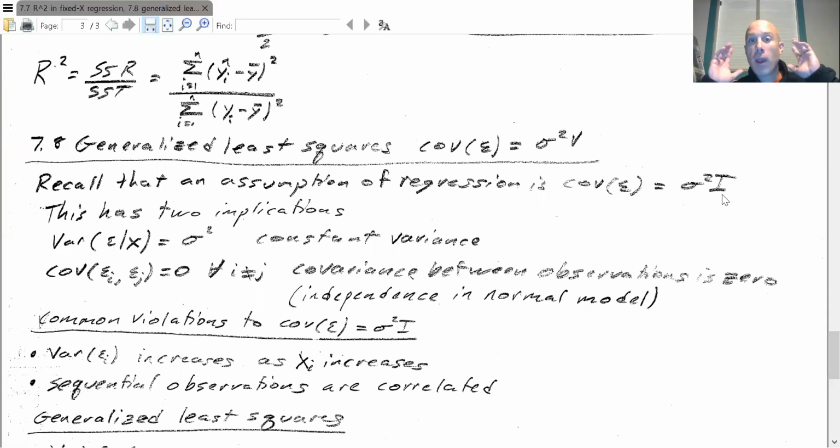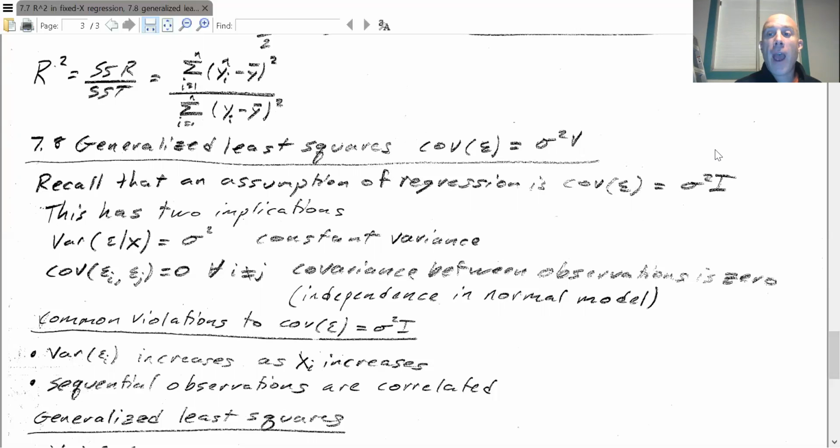Okay, so there's a couple things that fall out from this. First and foremost, the variance for each residual is the same, and it does not depend on the x values. So the variance of our residuals given x is the same for each of the residuals.